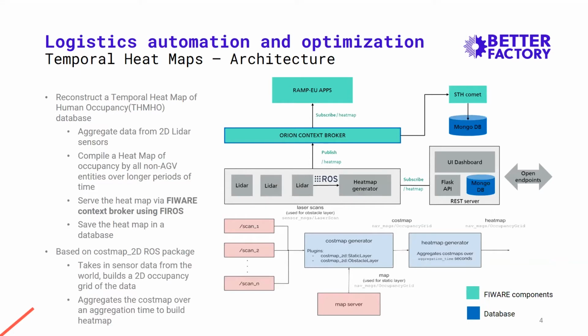We actually implemented this. We are using LiDARs as the sensing technology, basically to avoid any data protection issues. With LiDARs, we cannot distinguish between persons. What we do is aggregate the LiDAR information in a cost map. We used the ROS cost map for this, adjusted a little bit.